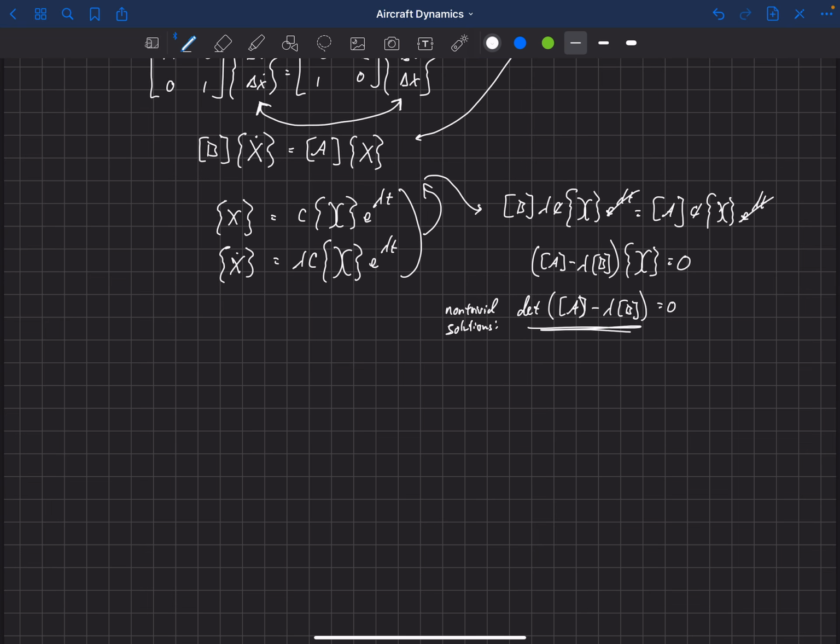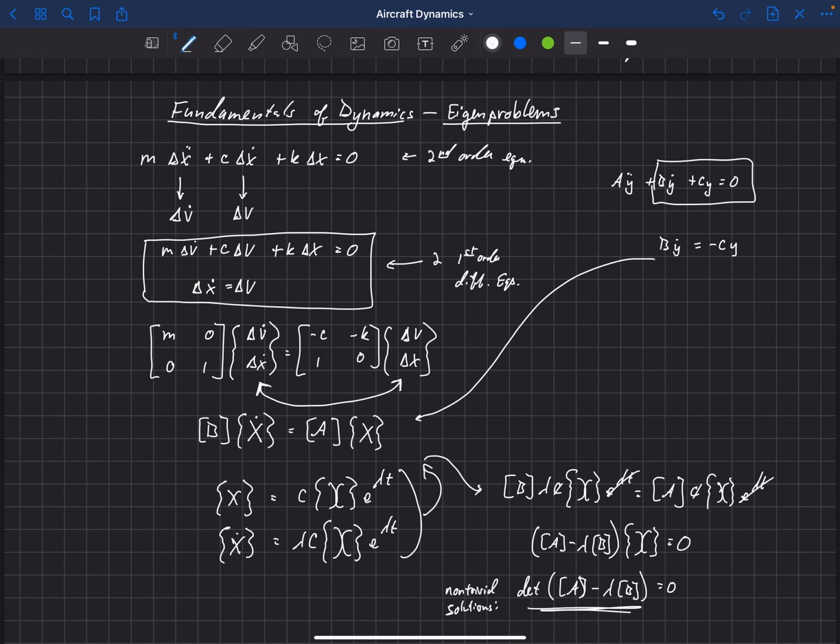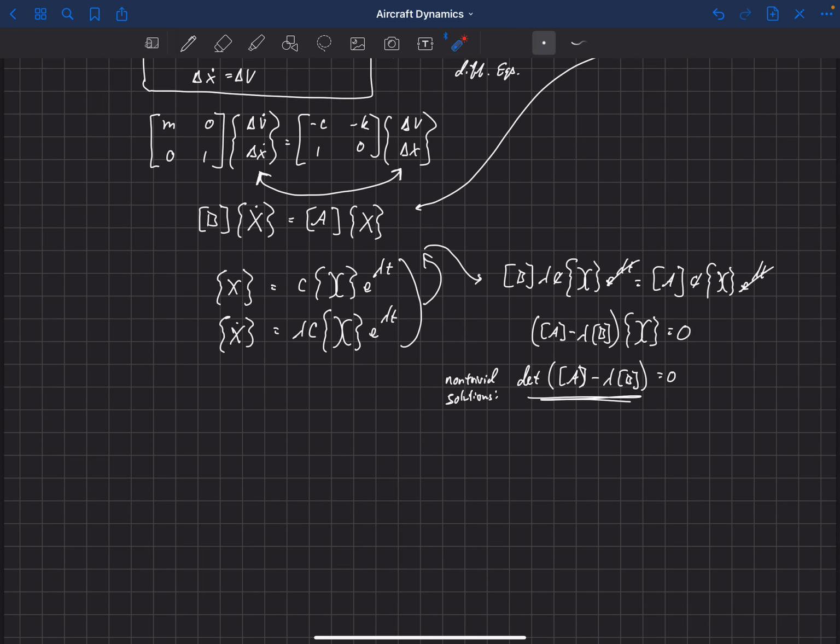Let's solve for that determinant using this original equation that we started with up here. Okay, so our matrices are right here. If we take A minus lambda B, this is our A matrix here, this is our B matrix. So we're going to do A minus lambda times B. I'm just going to put those together here.